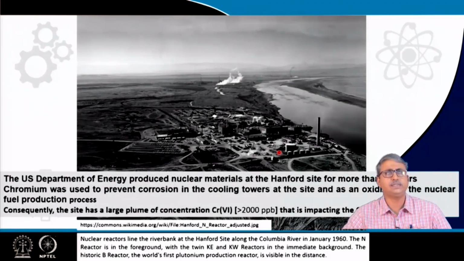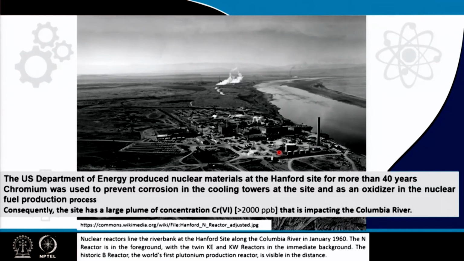This Department of Energy facility produced nuclear material at the site for more than 40 years, and chromium was found to be one of the most important toxic materials later discharged into the environment.